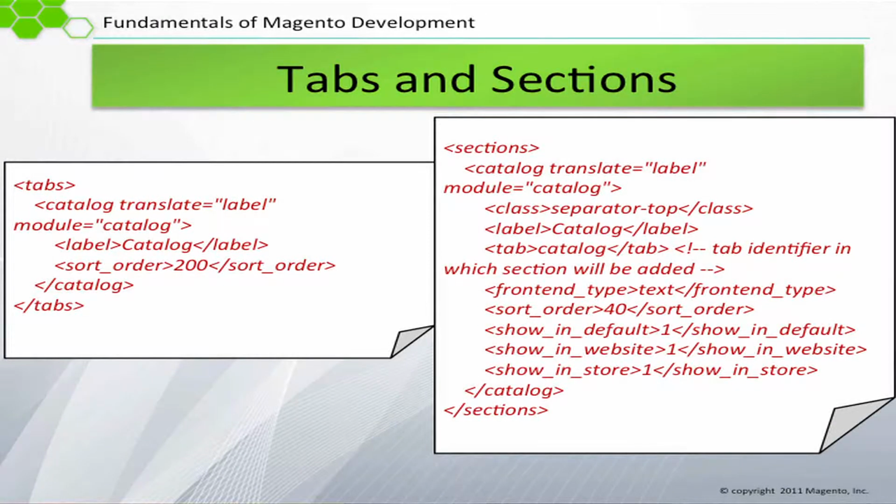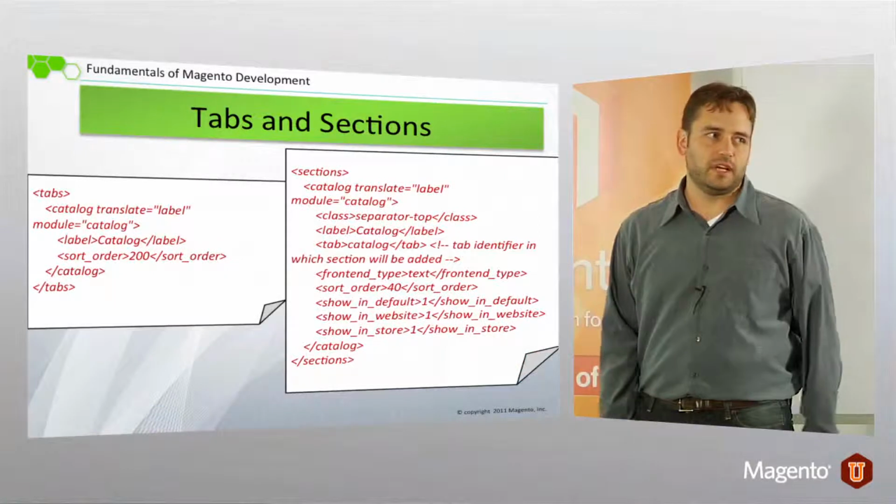All right, so similar thinking and some of the same syntax here. For tabs, you would simply declare a node, and we can call translate in the module to use, and we specify a label here, not a title, a label.